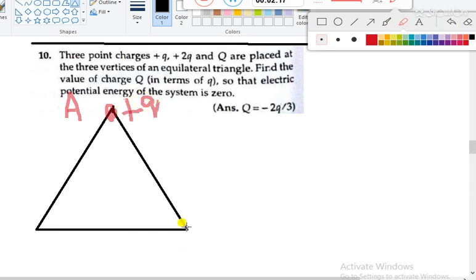Let's take this point as point B, and the charge at this point is plus 2q.